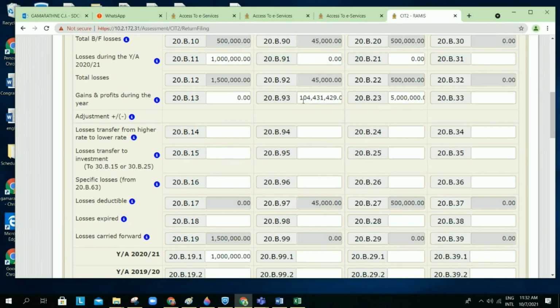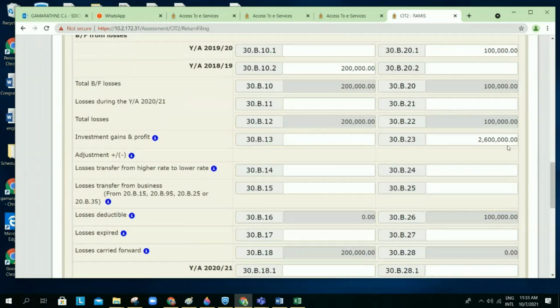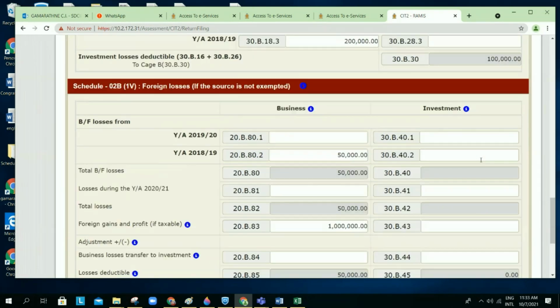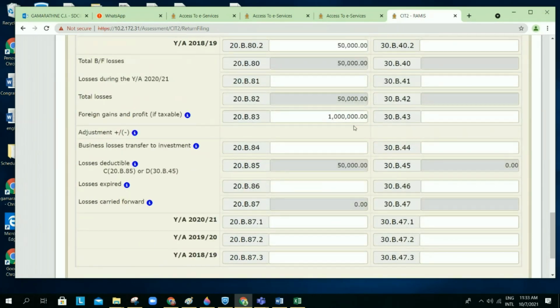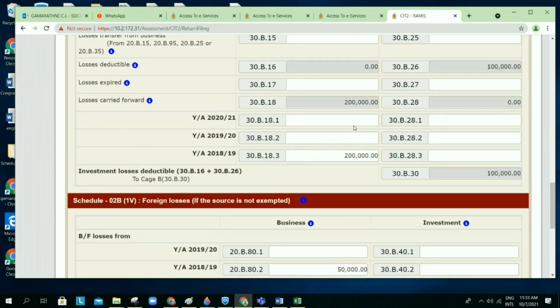I have entered here 5 million, and also foreign profit 1 million. Then this total must be equal to the schedule 2A business profit.